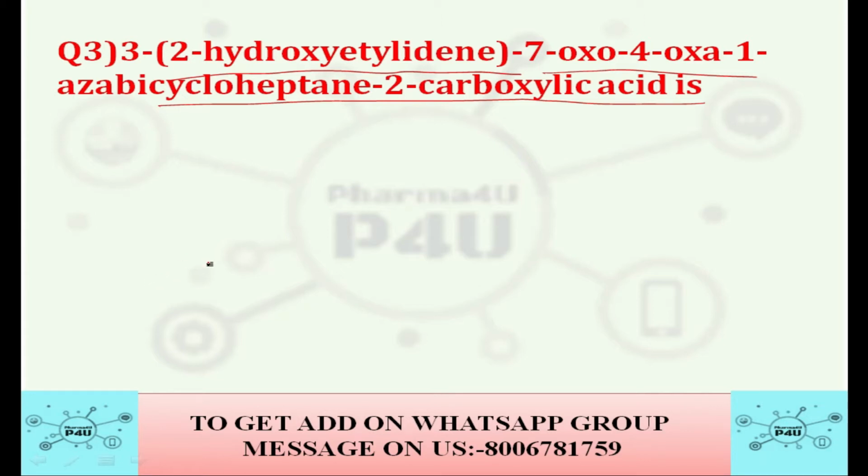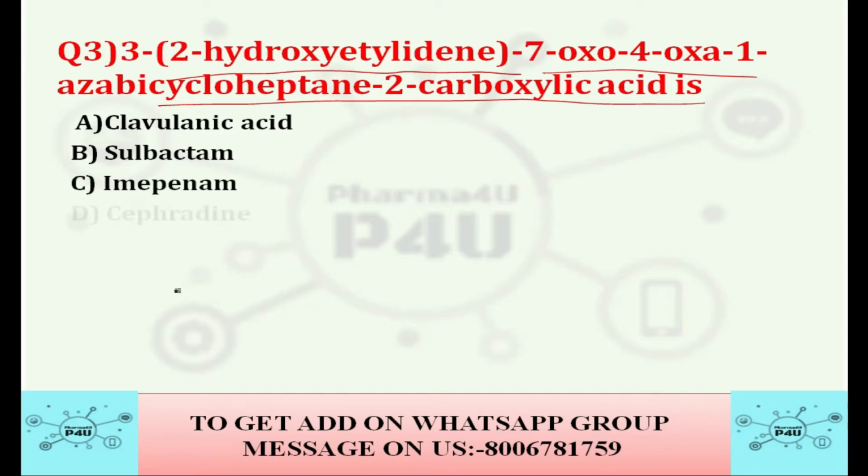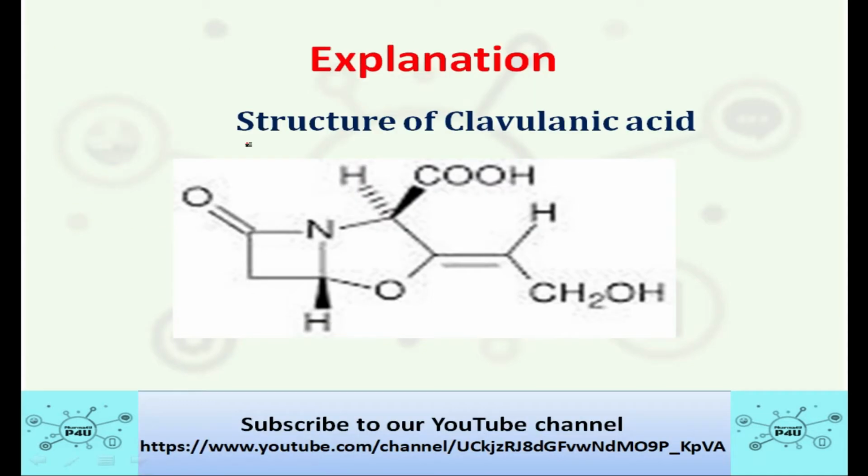We have to tell the name: it should be clavulanic acid, or sulbactam, or imipenem, or cephradine. So what is the name of this compound? This compound is clavulanic acid.